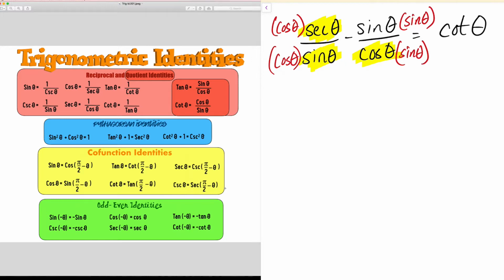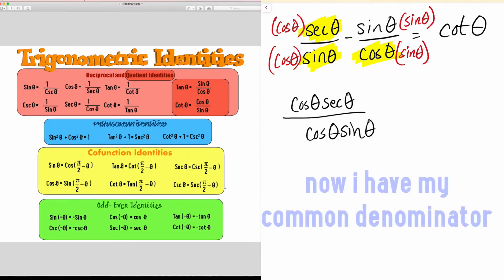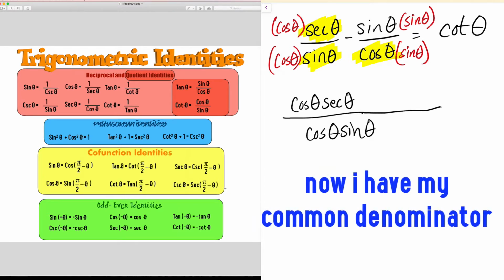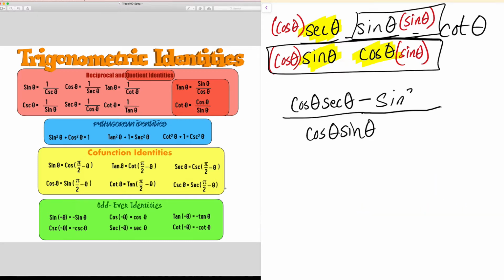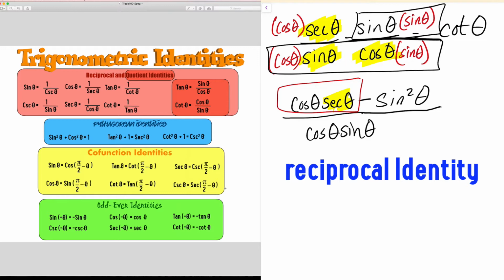Simplifying this out, I end up with cosine theta times secant theta over cosine theta sine theta. Now again, this is all over cosine theta sine theta, because that was the reason to do this, so that I can get one single denominator. Then minus, and this term is sine theta times sine theta, that's sine squared theta. Now, focusing on the left side, this secant theta is a reciprocal identity.